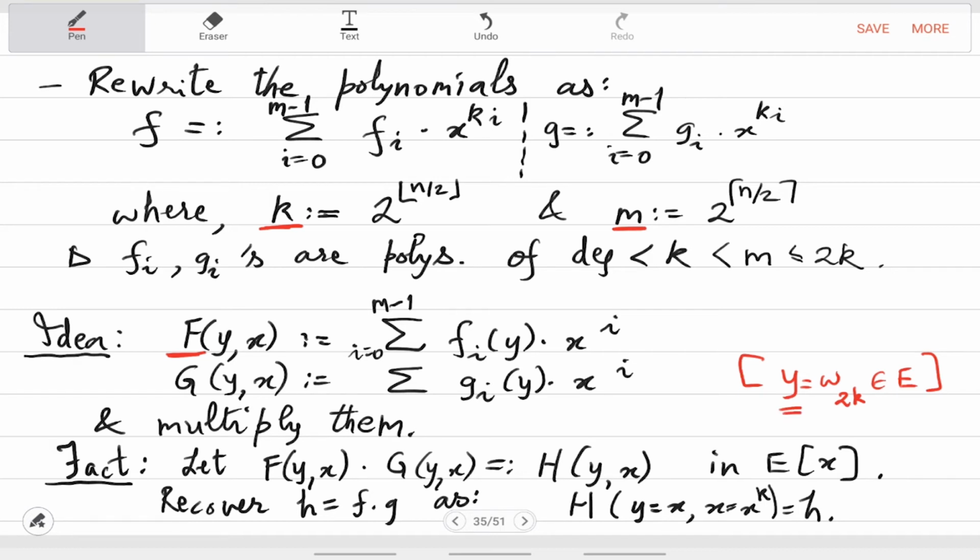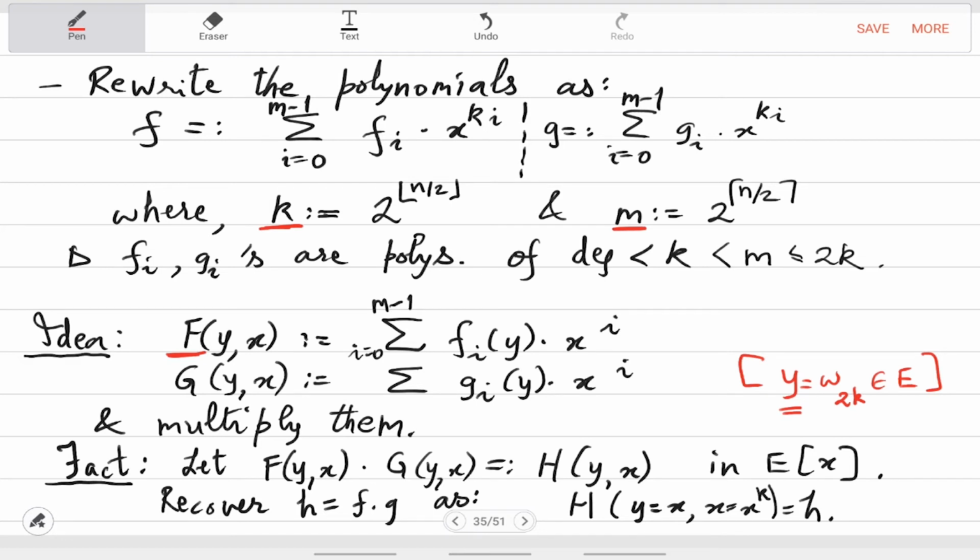You use y to be 2kth primitive root of unity, and this is what you should attach in E, or E should be defined by this: R[y] mod y to the k plus 1, and then you use that y.